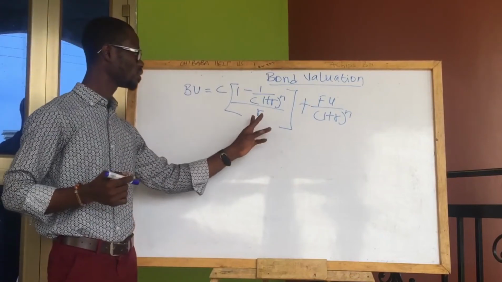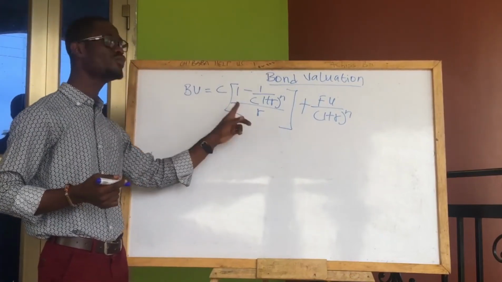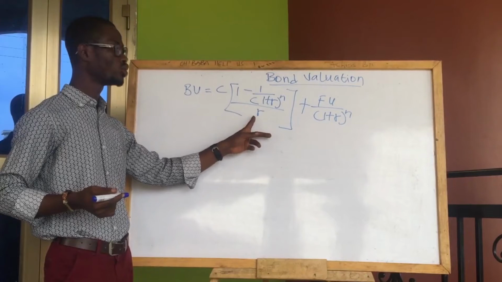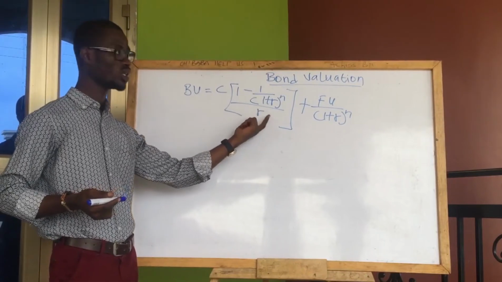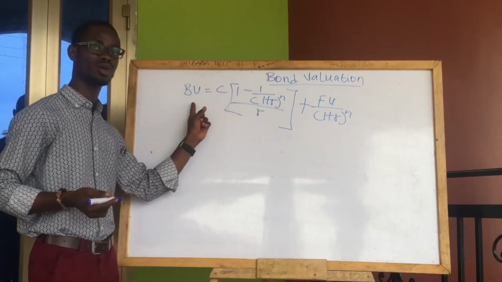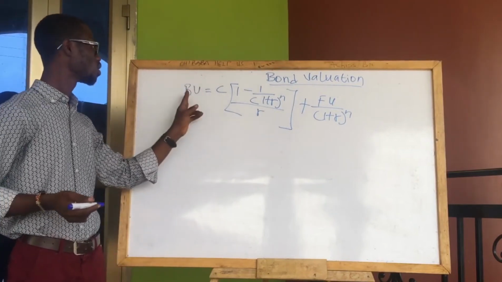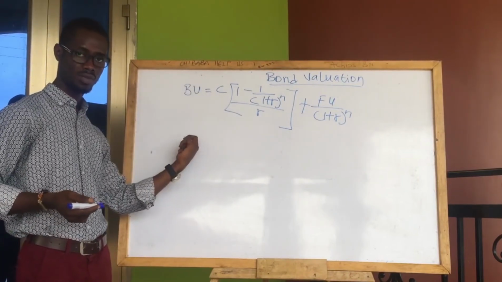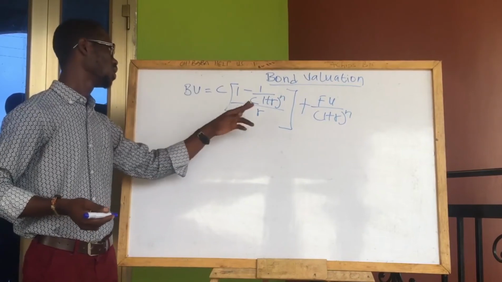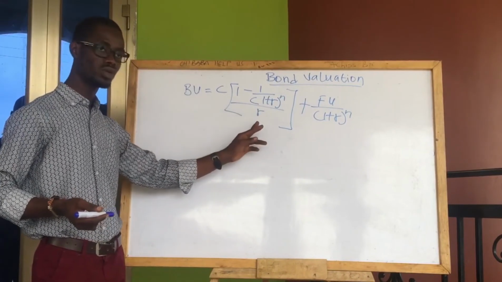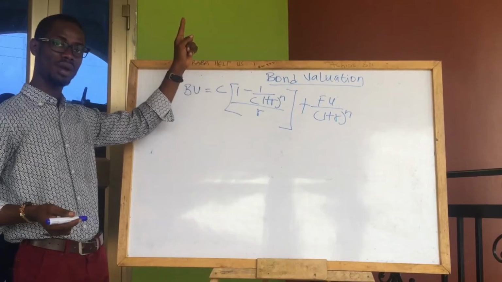Now you can see that there is a negative or inverse relationship between yield to maturity or interest rate and the bond price. So it tells you that when interest rate increases, the bond value will go down, the price of the bond will go down. And when interest rate decreases, bond price will go up.